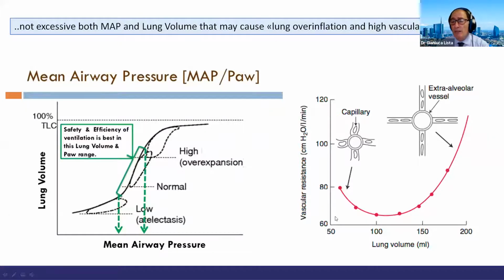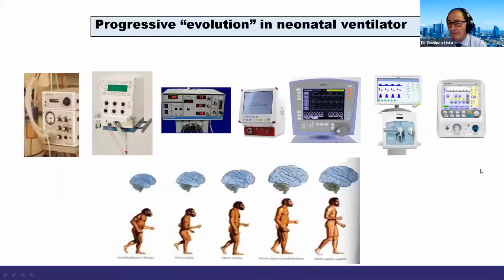And when we generate a lung overinflation, you can reduce the gas exchange because you increase the vascular resistance. When you increase the lung volume too much, you increase the distance between the lumen of the alveoli and the lumen of the capillary.